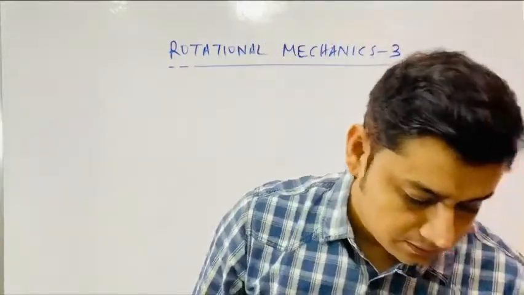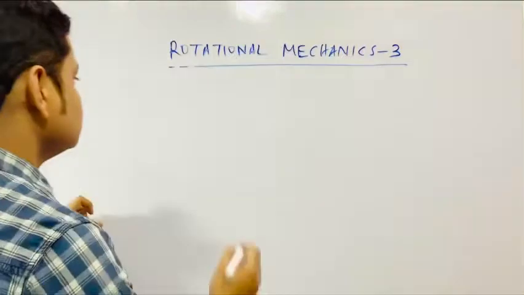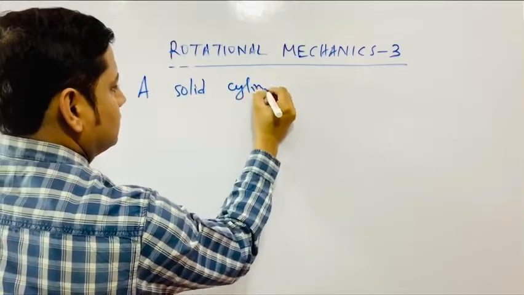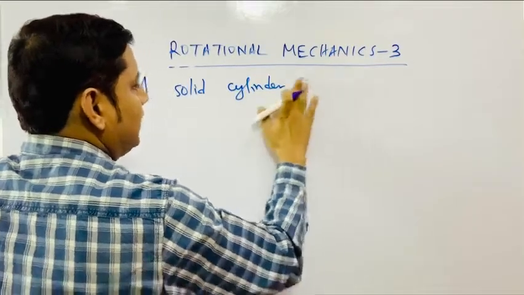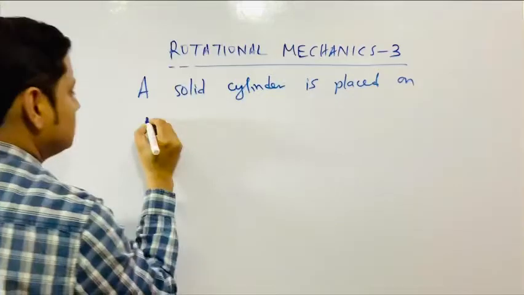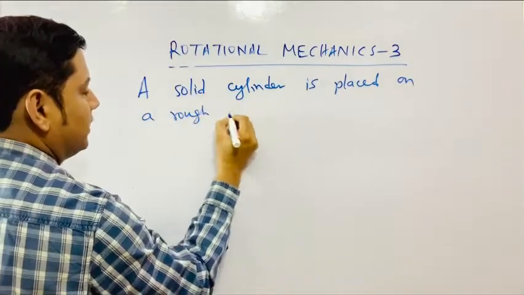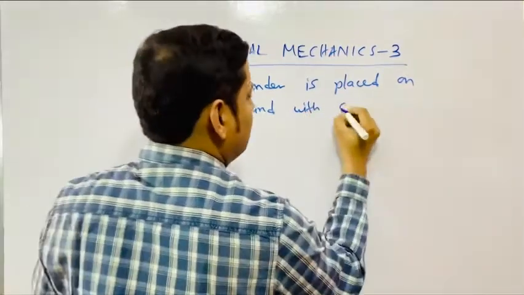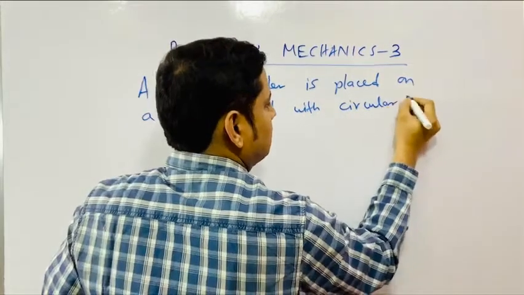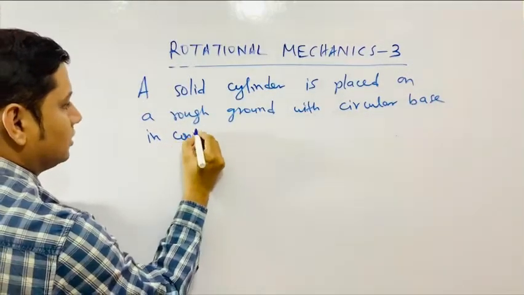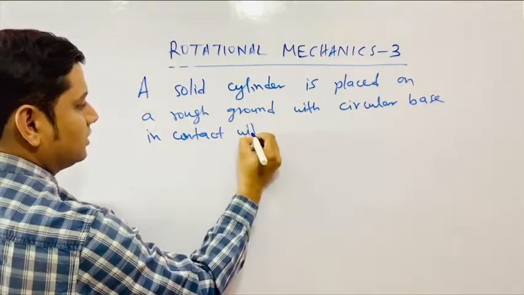Let us see. So question is: a solid cylinder is placed on a rough ground with circular base in contact with ground, as shown.